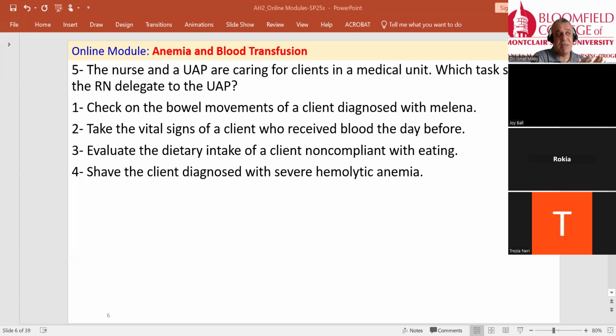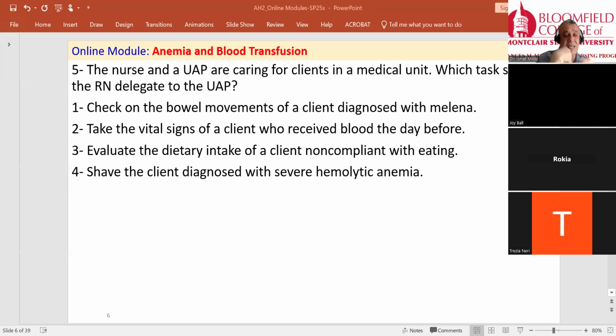For the LPN, assessment and teaching are the two major areas. Comprehensive assessment and teaching components should not be done independently by the LPN.